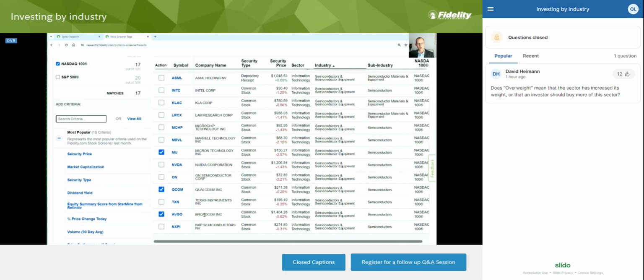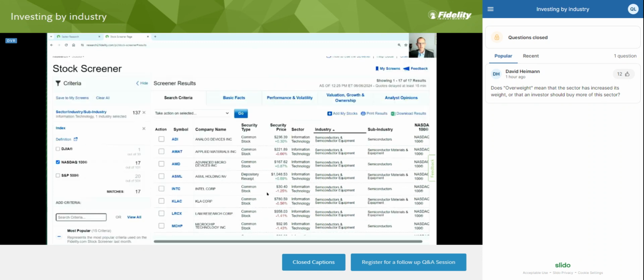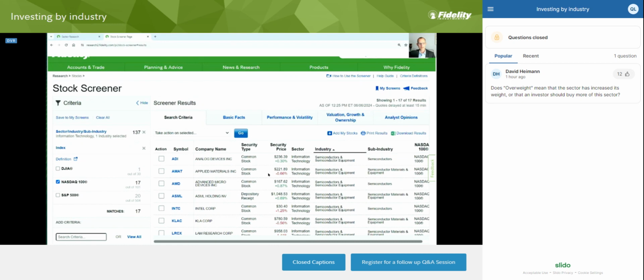I clicked the box for Broadcom, Qualcomm, and Micron, just for an example's sake. Supposing that after glancing through this list, we would like to do a little additional research to understand how these compare. Well, I can come up here to this drop-down menu at the top and choose to show only those that I've selected. I'm ready to narrow down my search just a little bit.